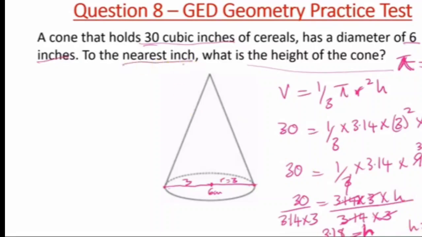It says to the nearest inch. After the 3, after the decimal point, we just have 1. 1 is not up to 5, so we can't round up here. So h is just equal to 3 inches. This is our answer, 3 inches. All right, let's go to the next question.